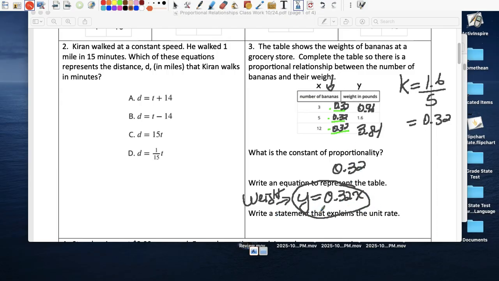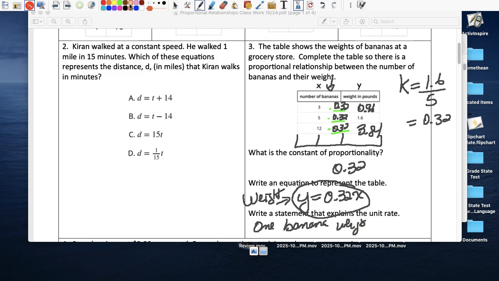Write a statement that explains the unit rate. So I'm going to add a line here, which makes it easier for me to see. If I buy 1 single banana, here's my unit rate. 1 banana weighs how much?